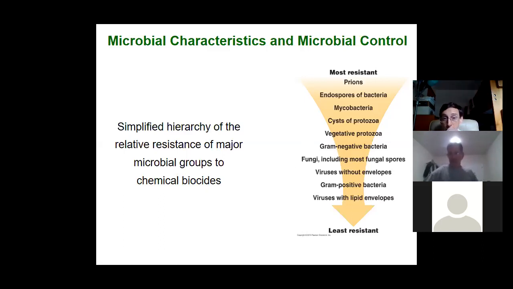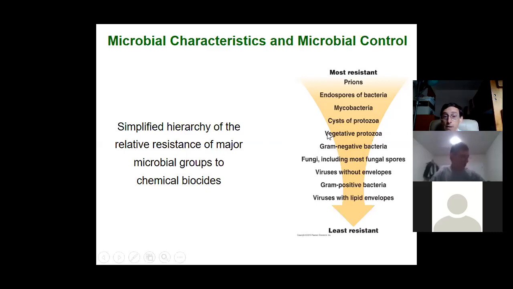And why they are so much more difficult to kill than gram-positive bacteria is simply that the gram-negative bacteria have an outer membrane around the cell. And this makes them much more difficult to kill by most, not all, chemical agents. Any question about that?